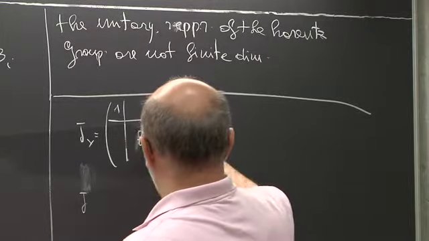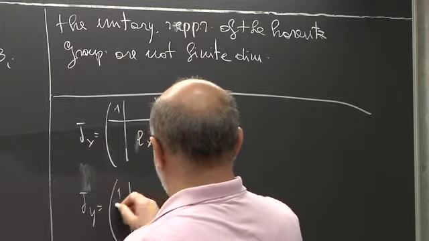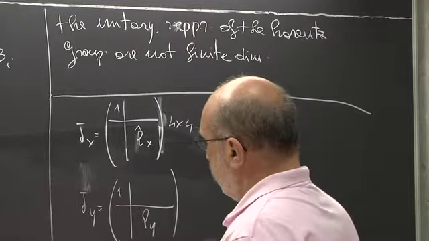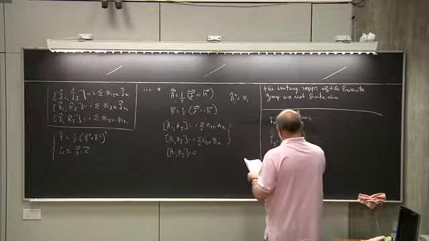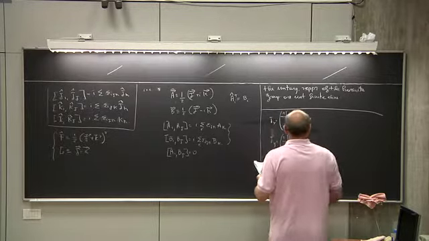The Jy, this is 4x4, is 1 times the generator of rotation Ly, and the Jz is 1 times Lz.